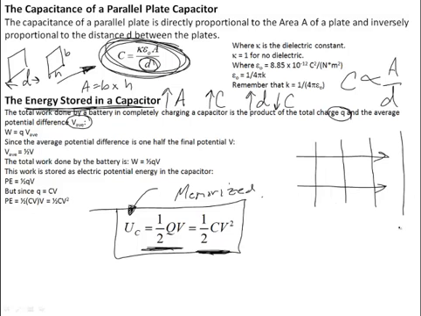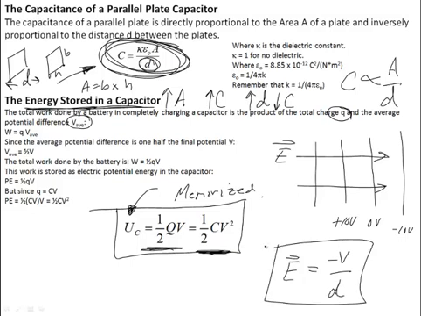So let's say that's negative 10 volts, this is 0 volts, and this is positive 10 volts. This arrow represents the direction of the electric field, so you're going to have to apply the equation for the electric field, negative V over D.